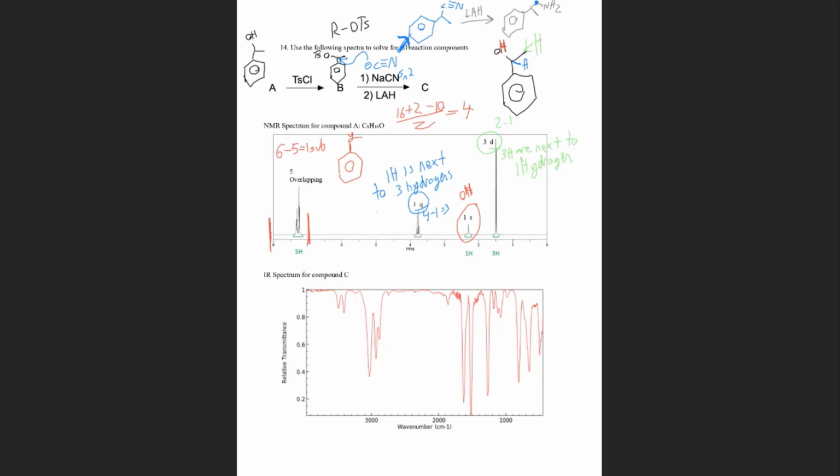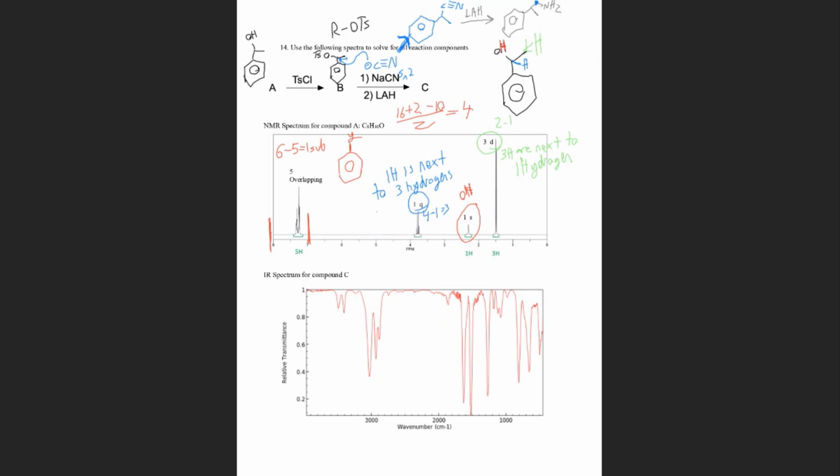What's going on in the 1400 to 1600 range on the IR? Good question. So there is a benzene, and then technically the cutoff for what we can determine is 1500.